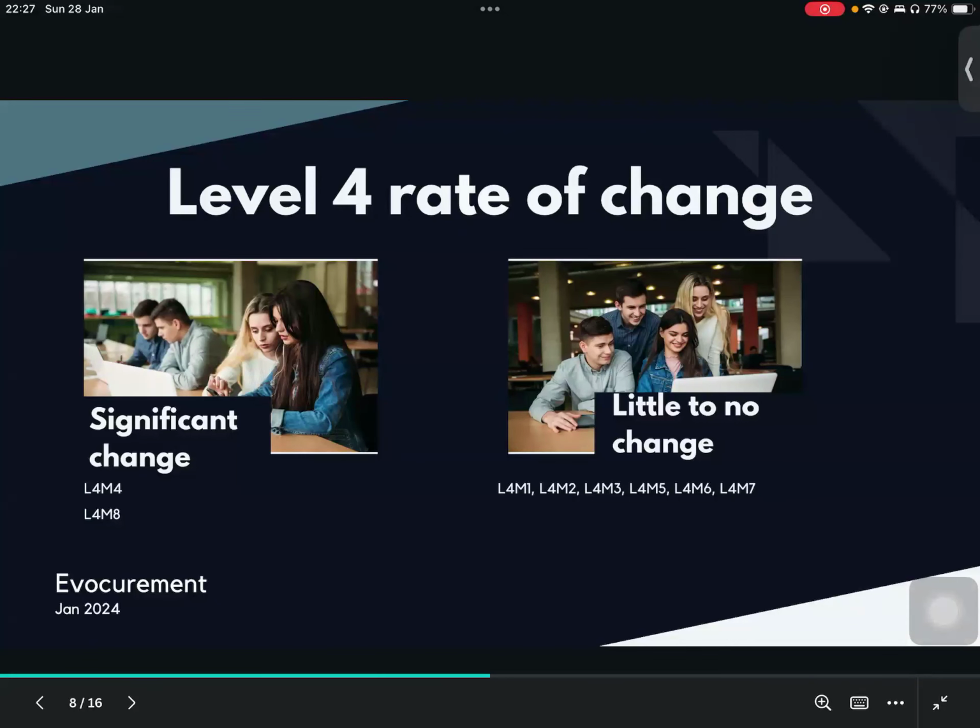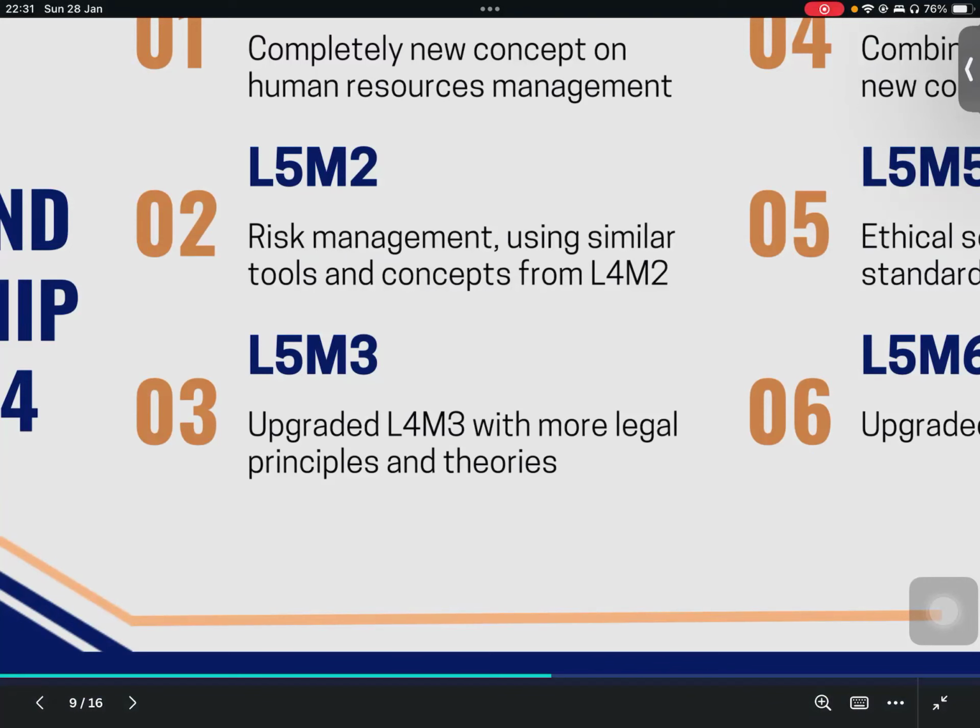L5M3 is about contractual risk, and it is actually an upgraded version of L4M3. Just like L4M3 plus more legal principles like consequential loss, the difference between penalty and liquidated damages, or further case law on, okay, right, let me remember.